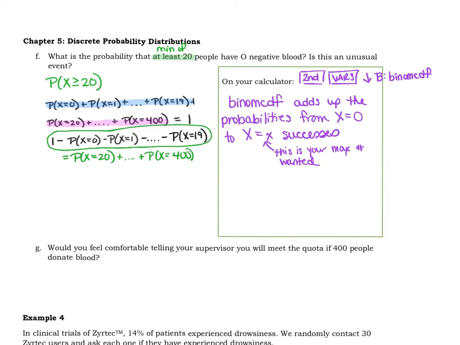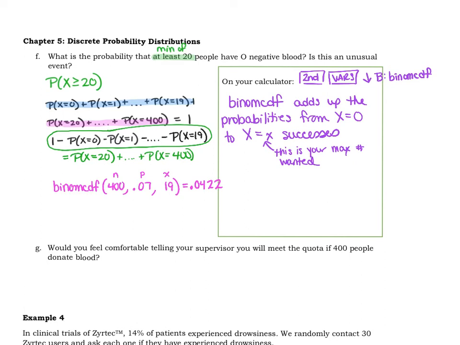Okay, so on your calculator, we're going to first find binom CDF. 400 is our N, 0.07 is our P, and our X is 19. That's what we want up until that point. When you do that, you come up with the value 0.0422.